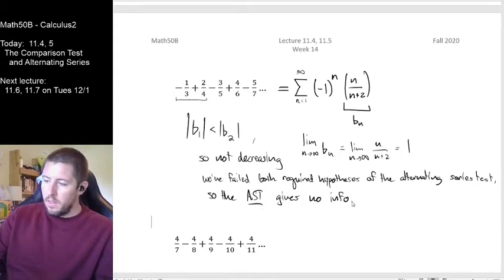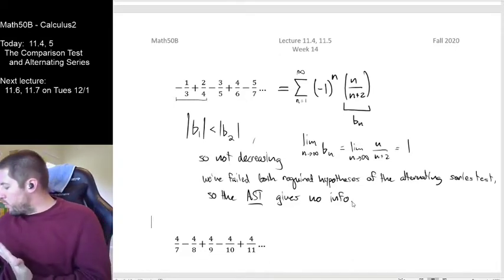And again, that just means it doesn't give us any information. It just means we just can't use that thing right here, right?